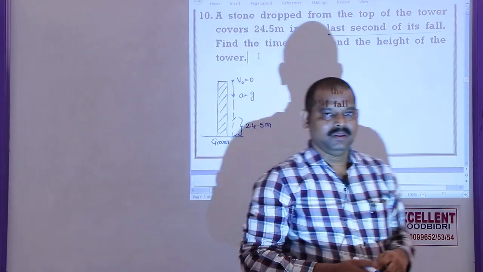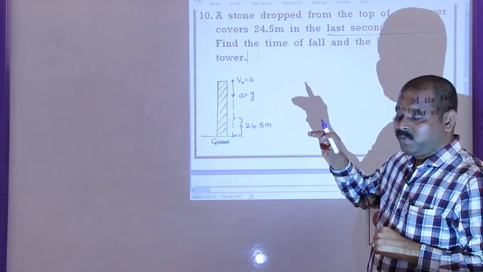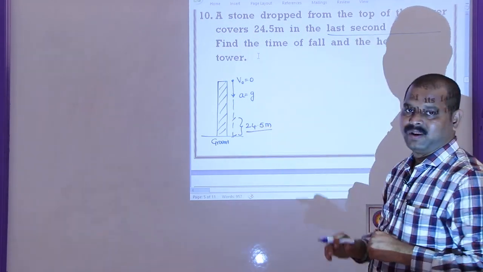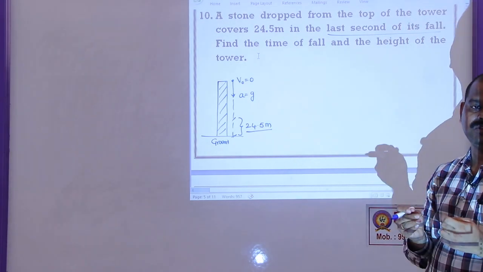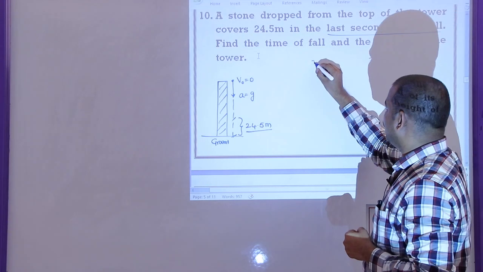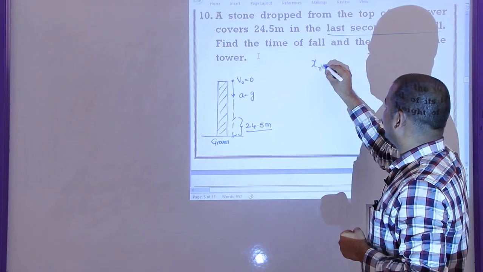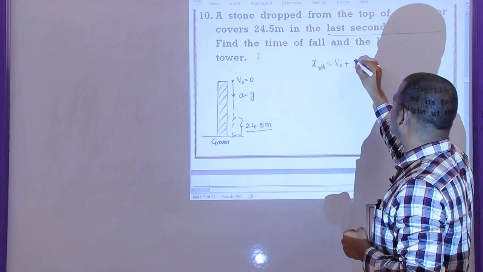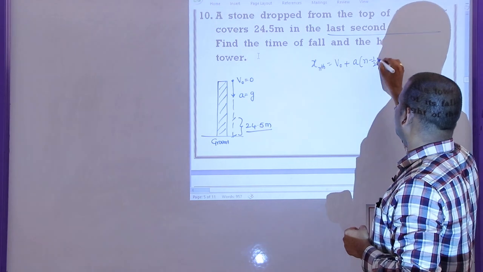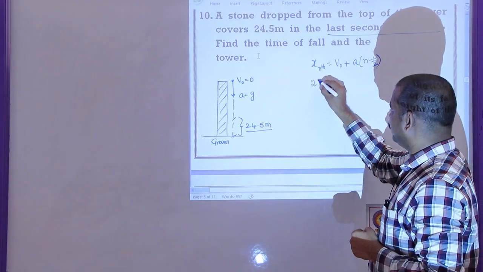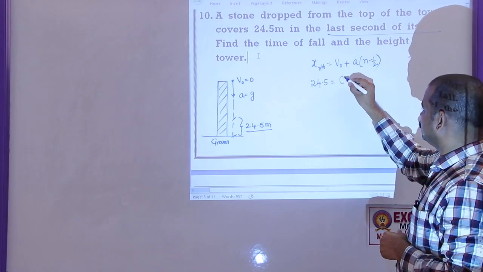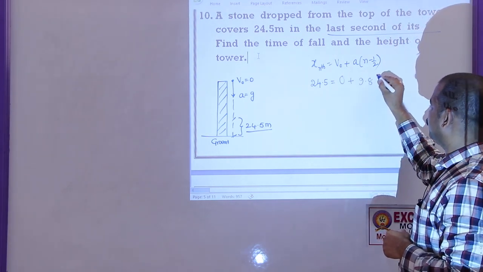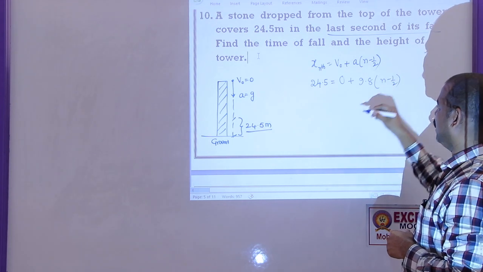Now, in this problem, the displacement in the last second is given. The displacement in the first second, second second, fourth second or nth second is given by, we have this formula: x nth is equal to v naught plus a into n minus half. So, this is given as 24.5 is equal to, the initial velocity is 0, 9.8 into n minus half.